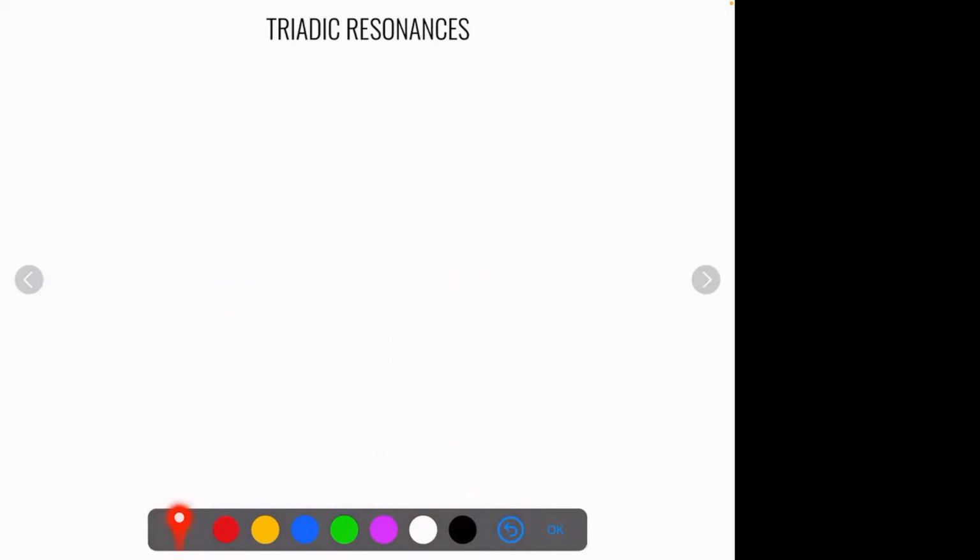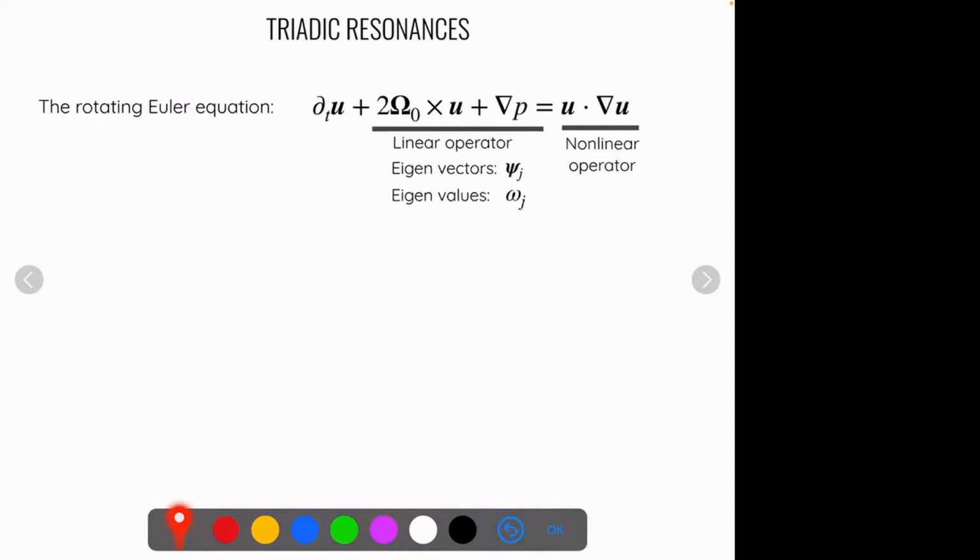So to understand a bit more of that, we can look at the Euler equation that we recast into this form, where you have a linear operator with eigenvectors that are the inertial modes, and eigenvalues that are the frequencies of those modes, and a nonlinear operator that's coupling those modes with one another.